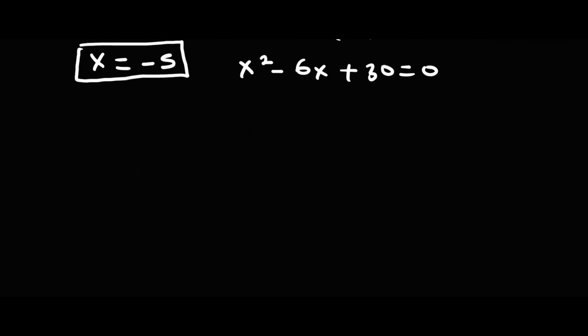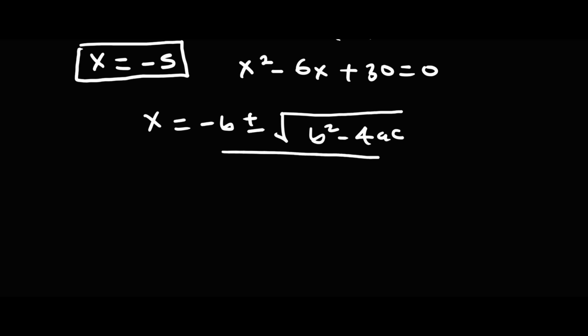Remember, the quadratic formula says that the value of x is given by minus b plus or minus the root of b squared minus 4ac all over 2a. So let us substitute those values.